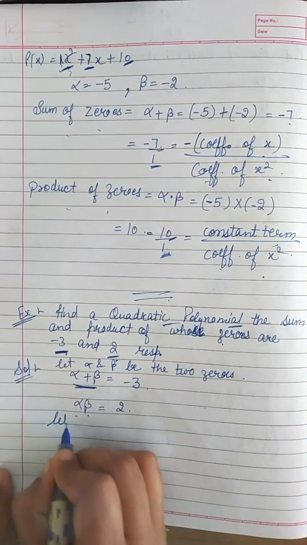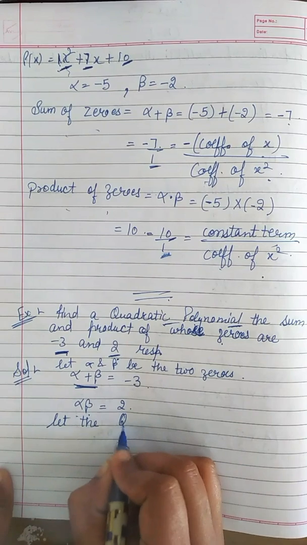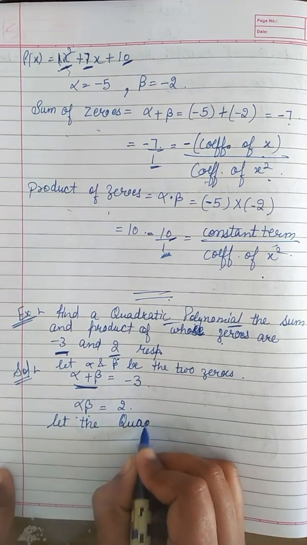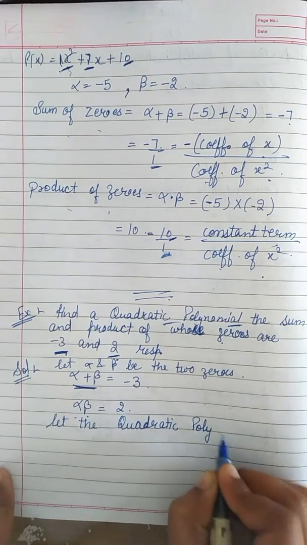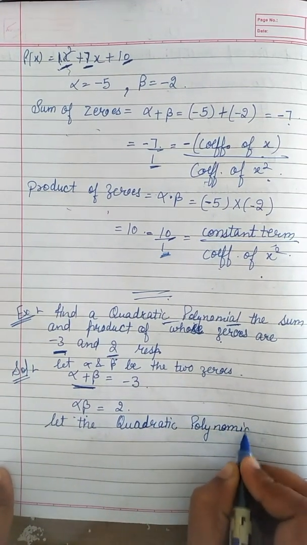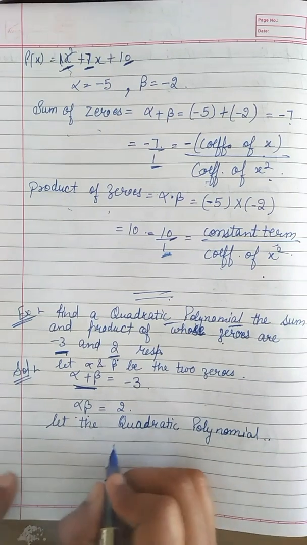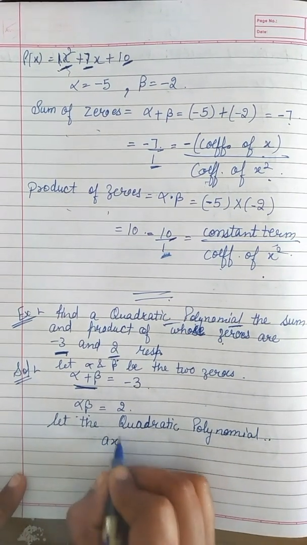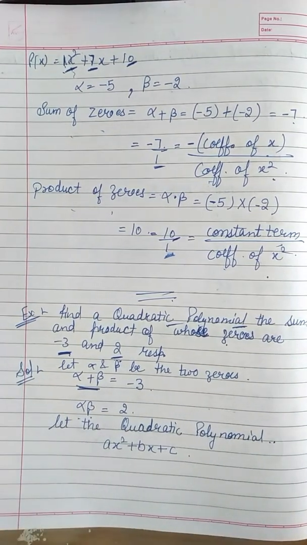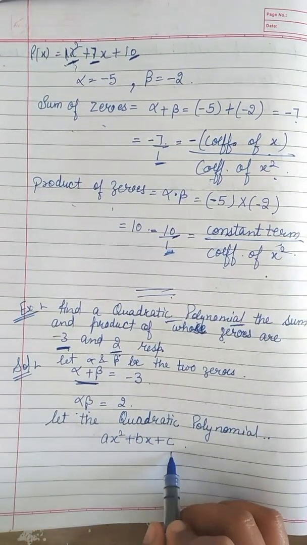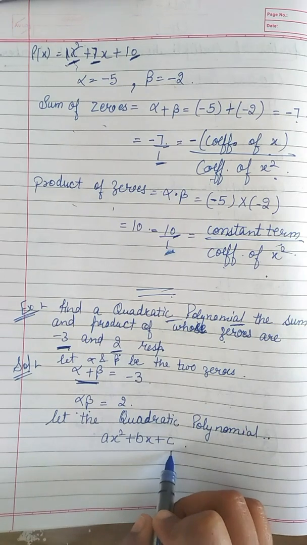Let the quadratic polynomial be ax square plus bx plus c. As you know, this is the standard form of quadratic polynomial.